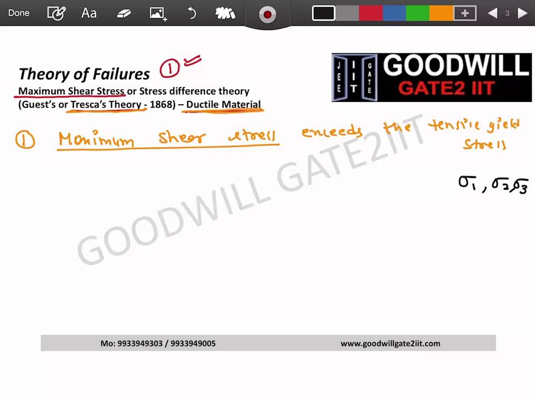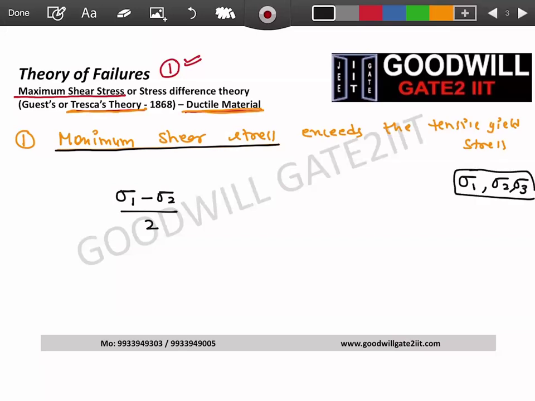If you know your principal stresses, it was sigma 1 minus sigma 2 divided by 2, right? So if you know sigma 1 and sigma 2, sigma 1 minus sigma 2 divided by 2 is nothing but your maximum shear stress, correct? Now, maximum shear stress of the system. Please listen to this. You have sigma 1 minus sigma 2 divided by 2. This is one maximum shear stress. But I'm talking about 3D.